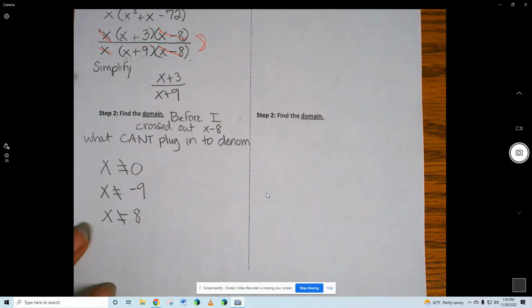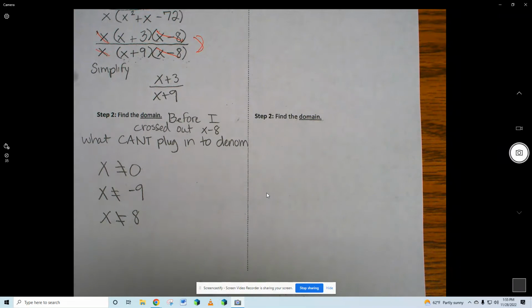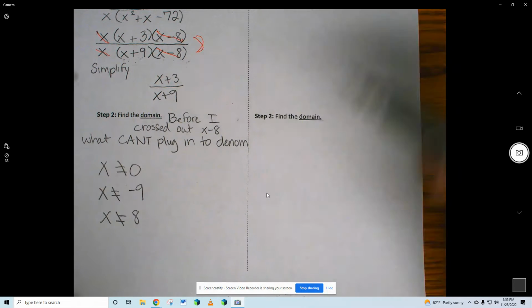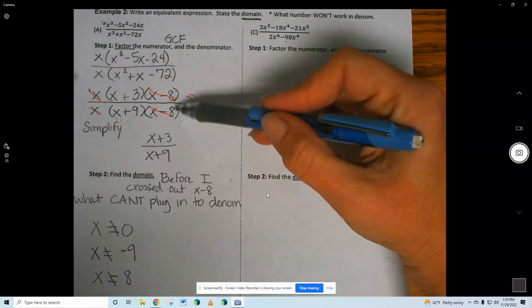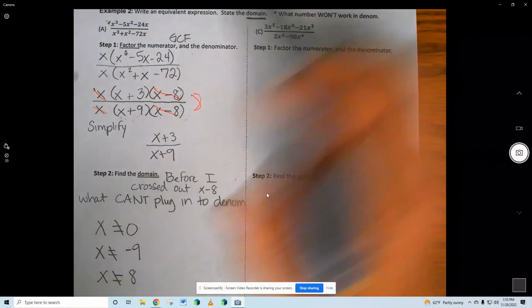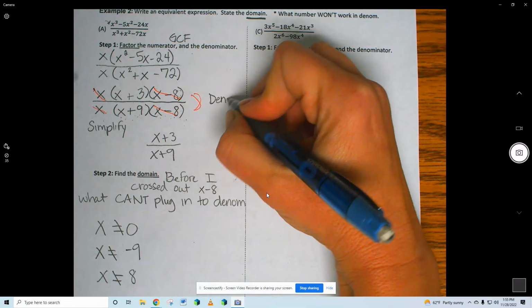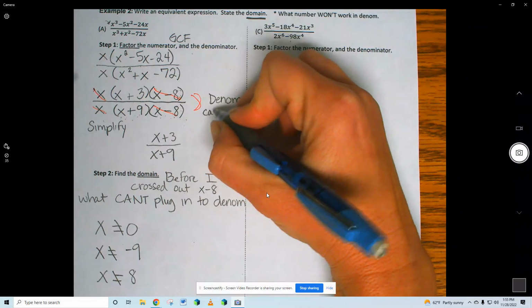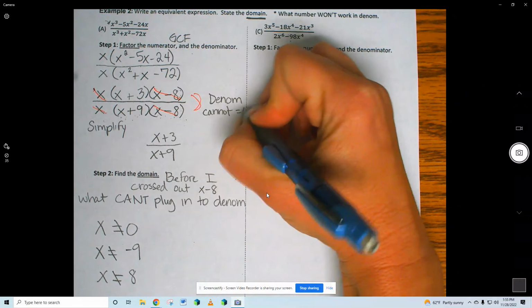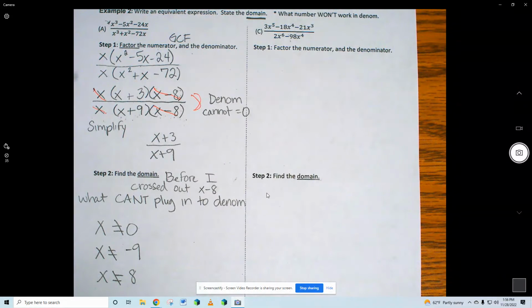Because if I plug those specific numbers back into my original, I would get 0 in the denominator. So I'm looking at the simplified version up here. What's in the denominator? The denominator cannot equal 0. Okay?